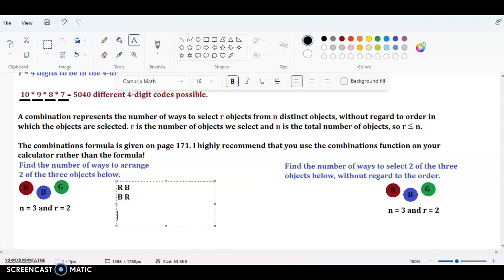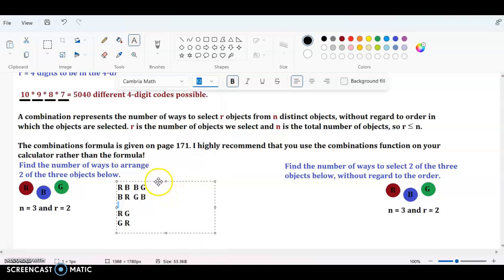Likewise, I can select the red and the green objects, and count the green followed by the red object as a different arrangement of those 2 objects. And lastly, I can select the blue and the green objects. Blue green would be distinct from green blue. So in other words, we end up with 6 possibilities of selecting 2 of the objects and then finding the number of arrangements.